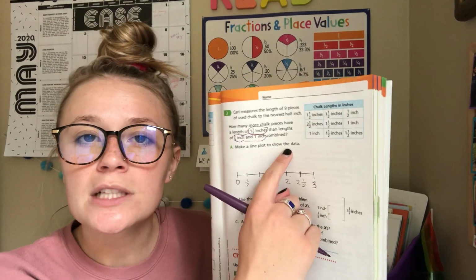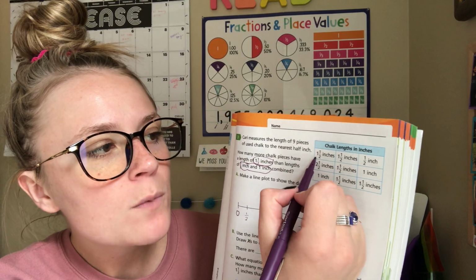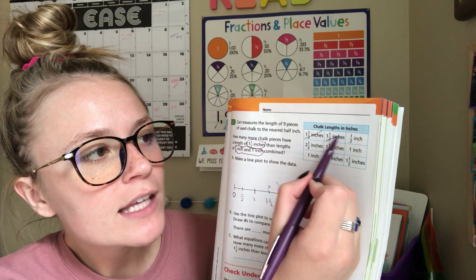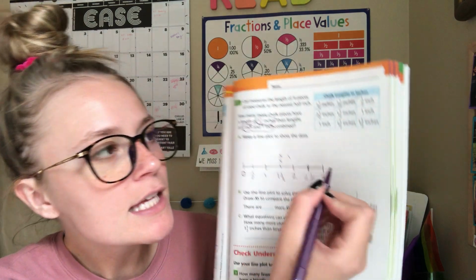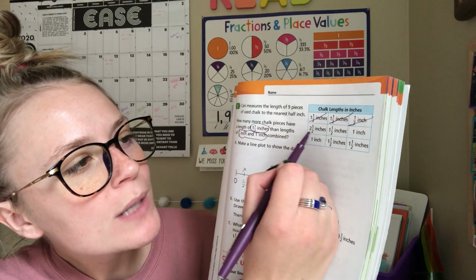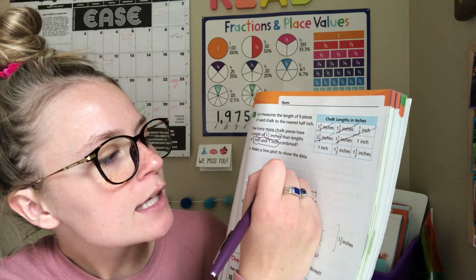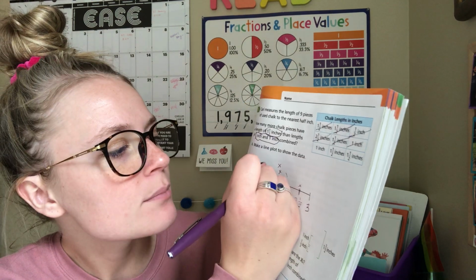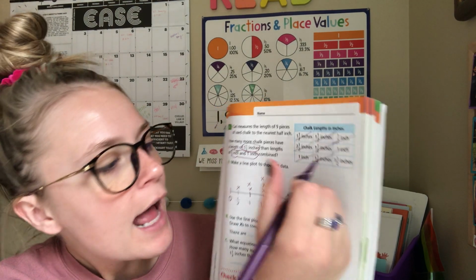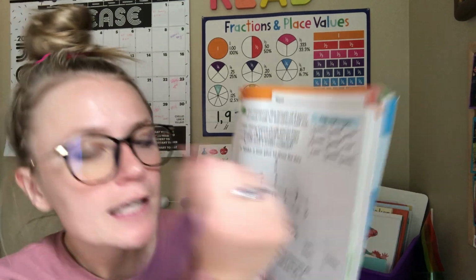Okay, so then I'm just gonna mark these, and remember with line plots, we draw X's or dots above the number line to show how many objects have that length. So I'm just gonna cross them off: 1 and 1/2, cross it off, mark it; 1 and 1/2 again, cross it off, mark it; 1/2 inch, cross it off and mark it; 2 1/2, cross it off, mark it; 1 and 1/2, mark it; 1 inch, mark it; another inch, mark that one; 1 and 1/2 again, mark it; then 1 and 1/2, mark it.